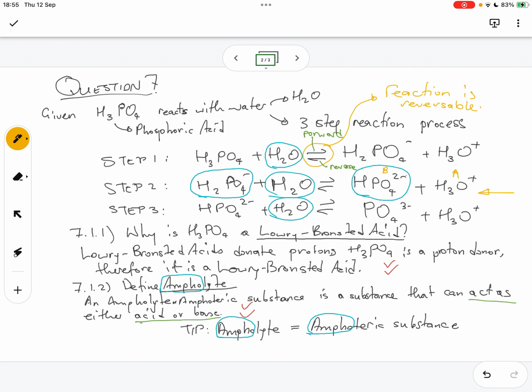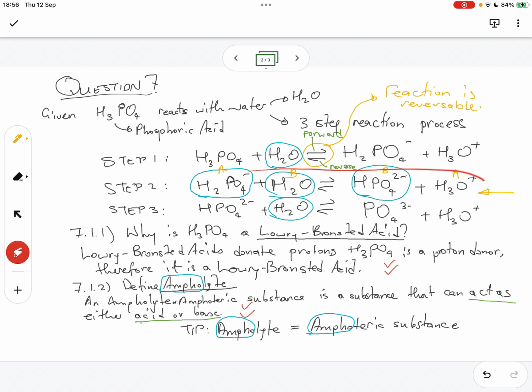How did I explain it last time? All right, so if this one donates a proton and this one accepts it, then in this direction, this one would be the acid and this one would be the base.